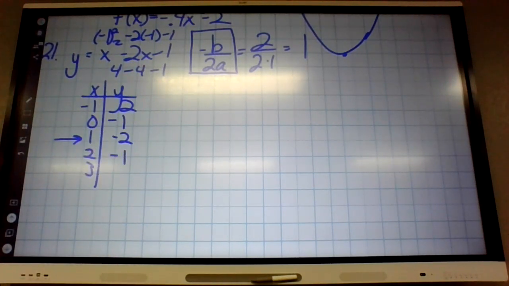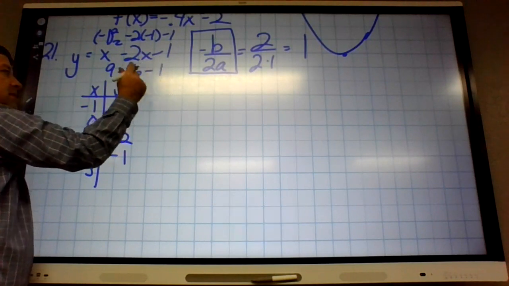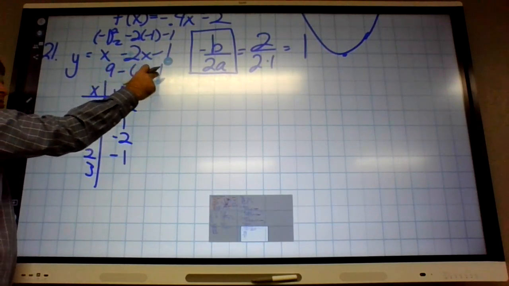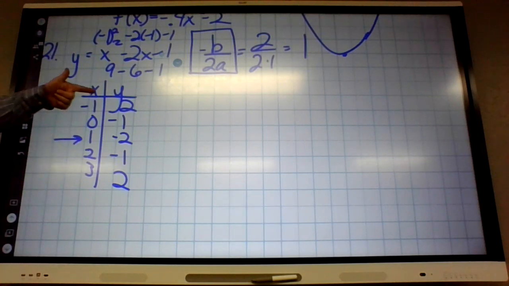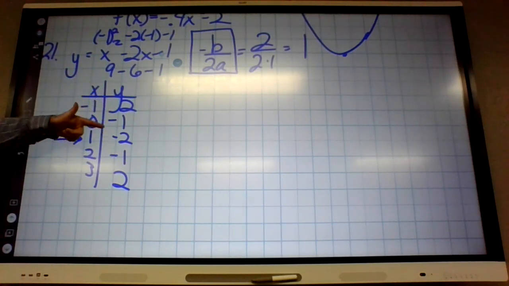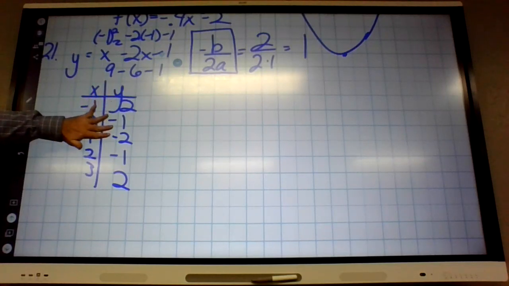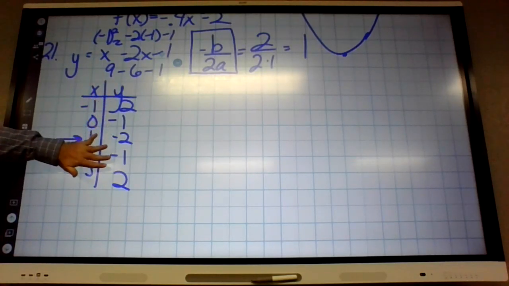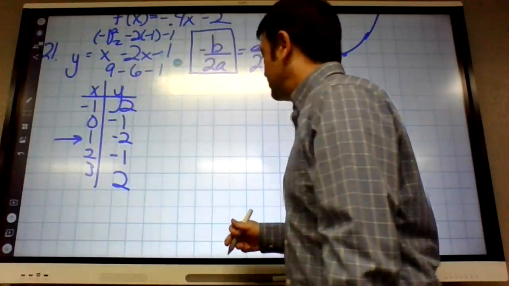And then if I plugged in 3, 3 squared is 9, 2 times 3 is 6, 9 minus 6 is 3 minus 1 is 2. There's some symmetry here, if you guys can see it. It's getting lower, lower, then it bounces, getting bigger, bigger. That's the parabola going down and up.